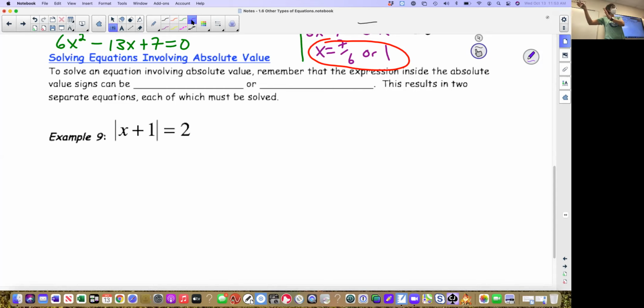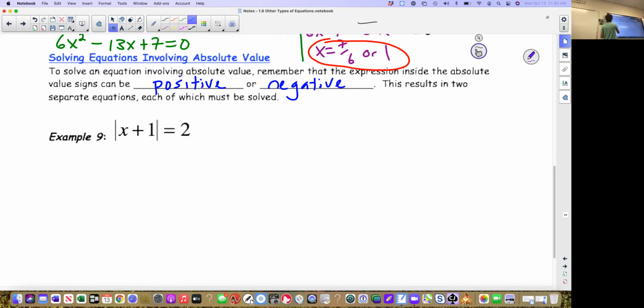So we can set it equal to the positive value or the negative. To undo the absolute value, we simply write those two equations that are combined into the one absolute value. So Daniel, what would I do?